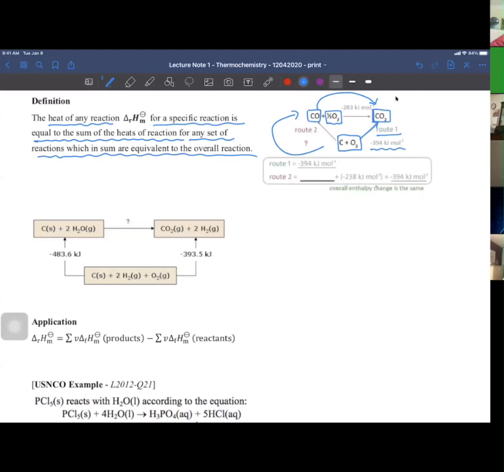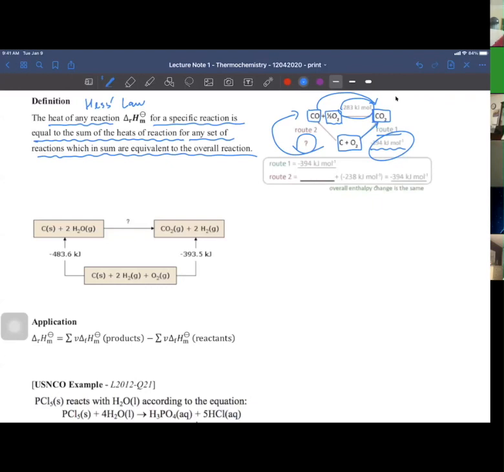So what is the meaning of Hess's law? It states the delta H of this process equals the delta H of the first step plus the delta H of the second step. So it's kind of a waste of time, right? It's so natural, right?